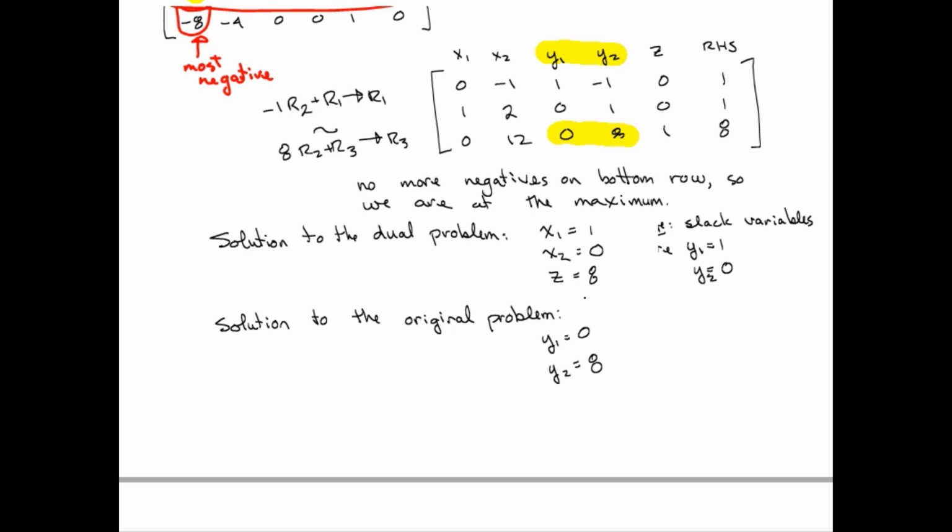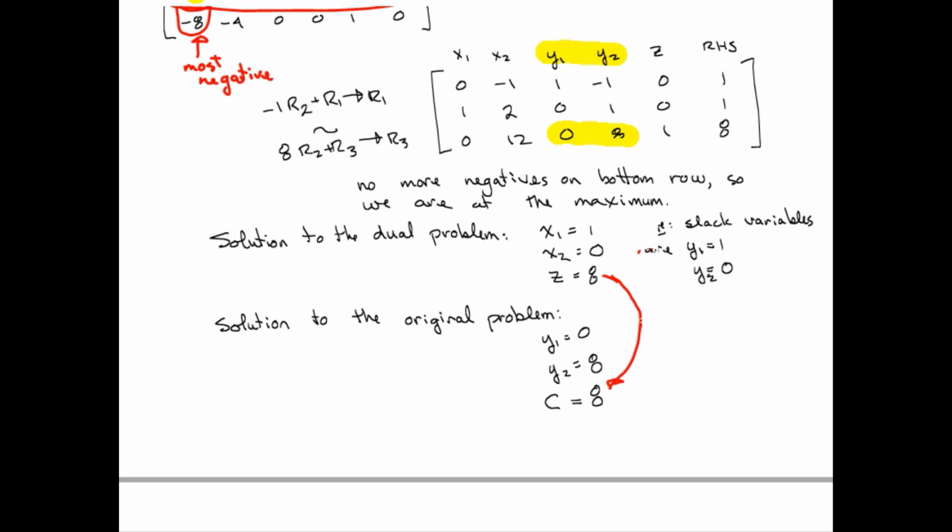Now we need to write the value of the objective function. Our theorem of duality said that the maximum z in the dual would be the same as the minimum of the original. So our objective function variable in the original problem is c. So our c is also 8 from here.